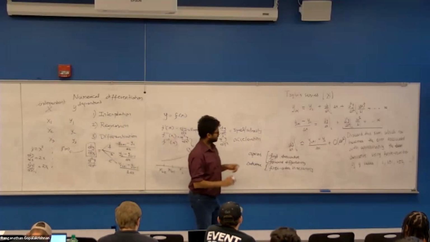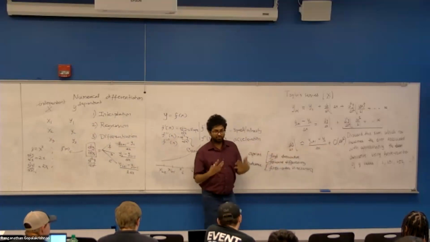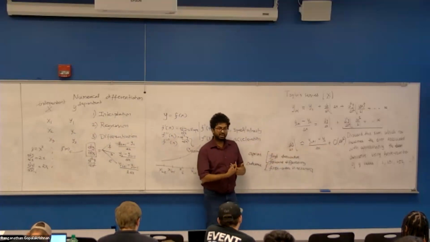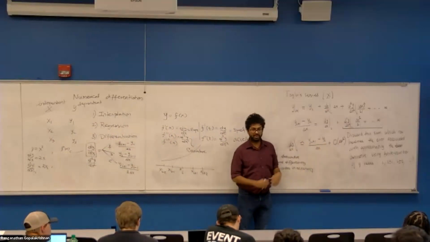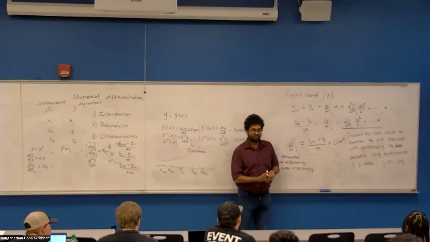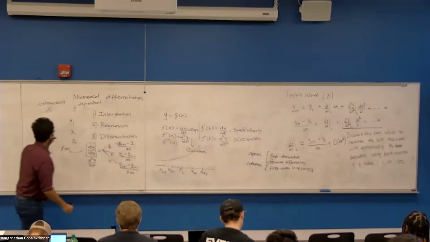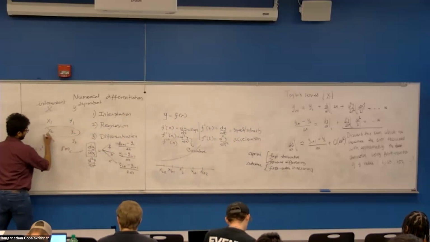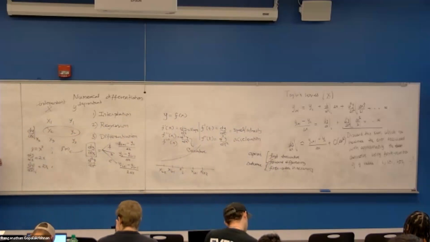Let me ask the question. The quality of your approximation, does it get better as you make delta x smaller, or does it get worse as you make delta x smaller? You have a table of data, let's say, and you want to evaluate the derivative at any particular point. Say you want to get dy by dx at x2.